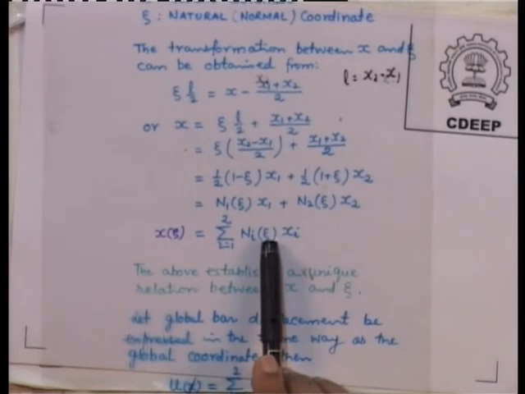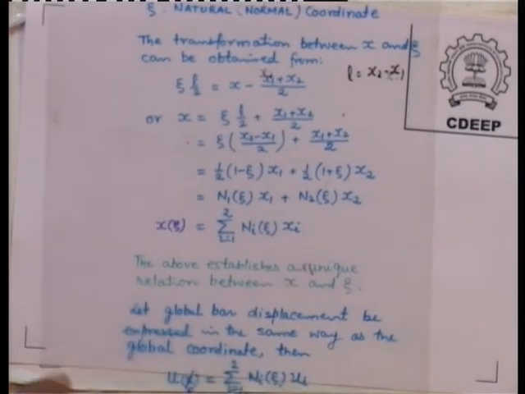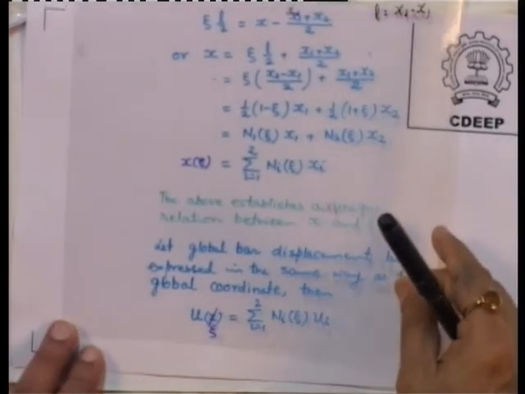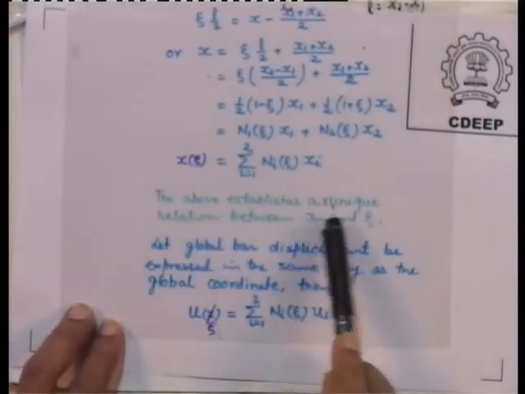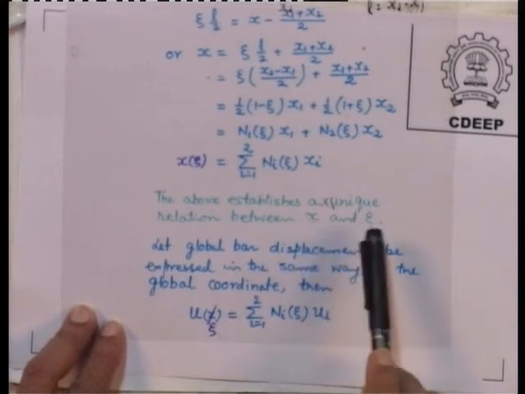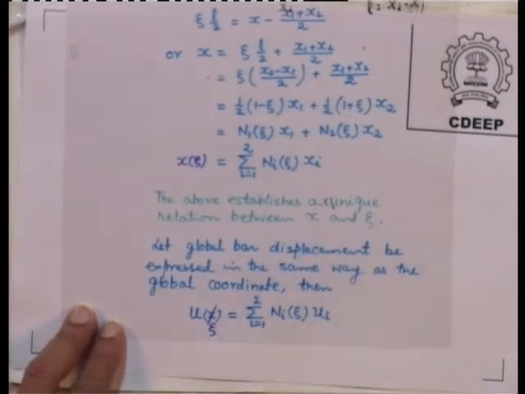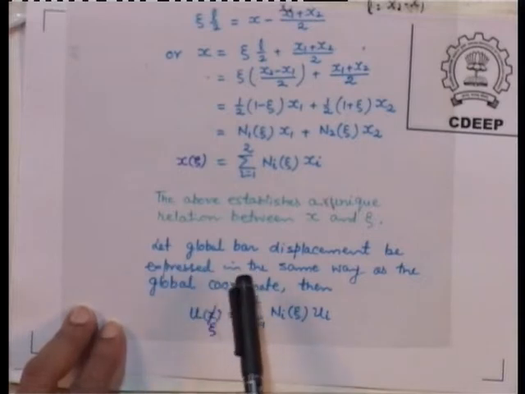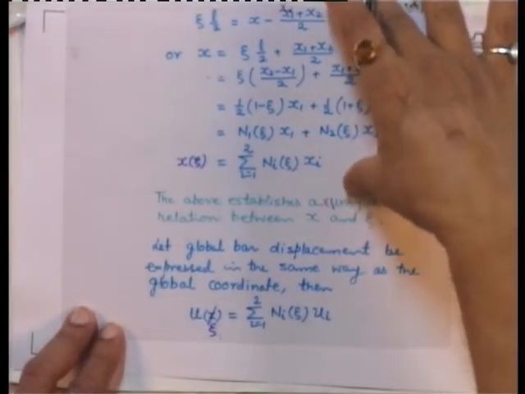These shape functions are not defined globally, but are functions of the local non-dimensional coordinate psi, which varies only from -1 to +1. So I have written here that the above establishes a unique relationship between x and psi. X is global, psi is local.